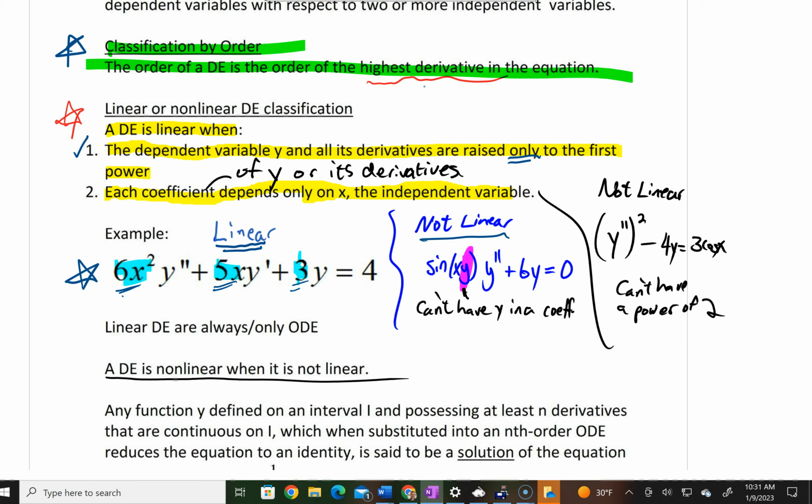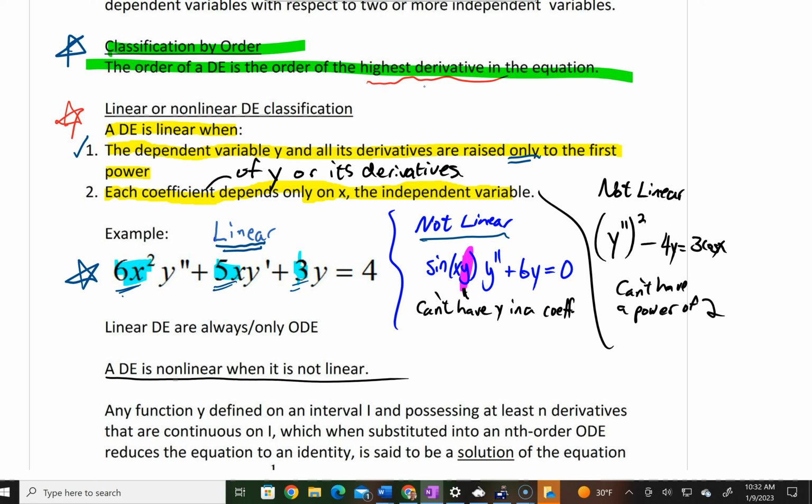By the way, on your first test, I'll have a little table where you'll have to identify whether some differential equations are linear or nonlinear. So very important vocabulary to talk about and very important concepts to be able to check.